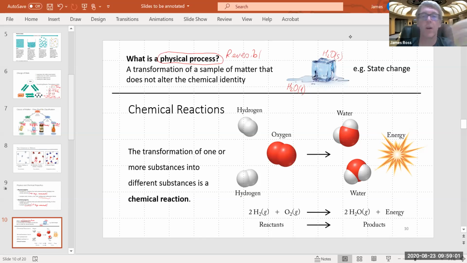Anything that you can reverse ad nauseum is a physical process because it's benign and it doesn't alter the chemical constituents. On the other hand, chemical reactions or chemical processes are not reversible. So these are irreversible.